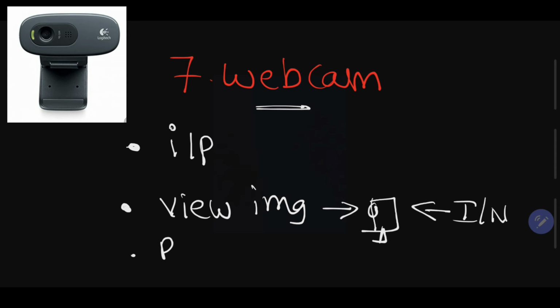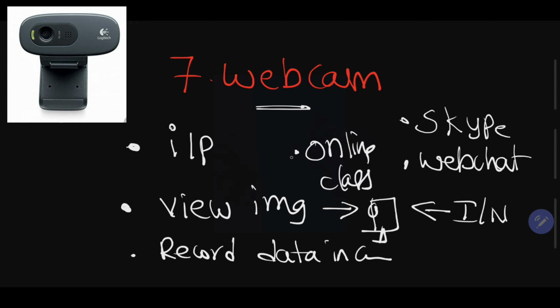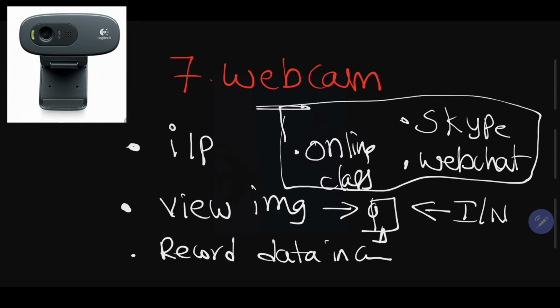And we can record data into the computer also. Basically it can be used in Skype applications, web chat applications, like online classes. So the webcam is a most useful device. We can capture live video and photographs.